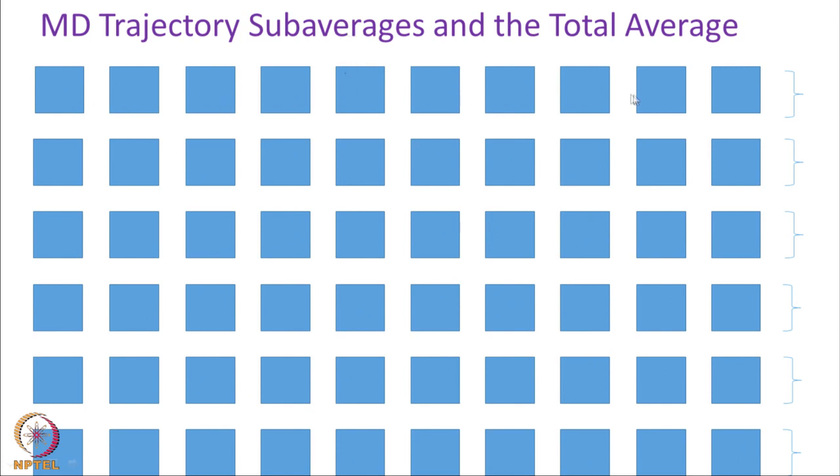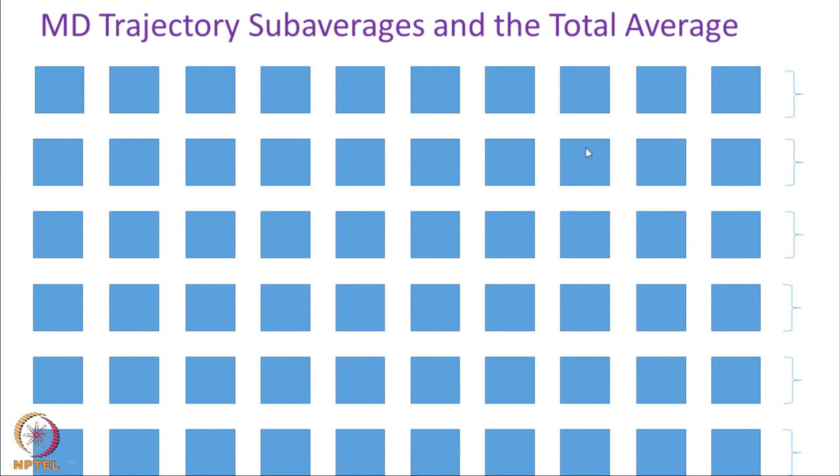If all these sub averages are very near each other, then I know that it is a converged system. That means my sub average does not change from one subset to another. So, that is one way to confirm that there is convergence.